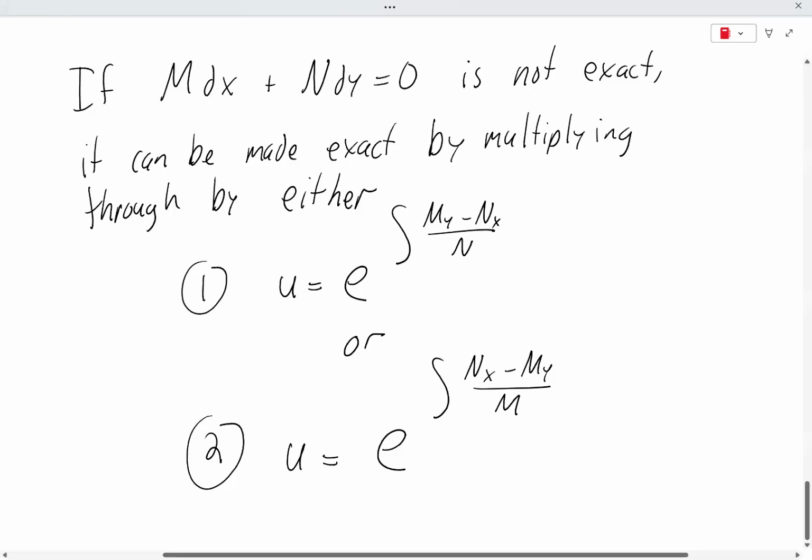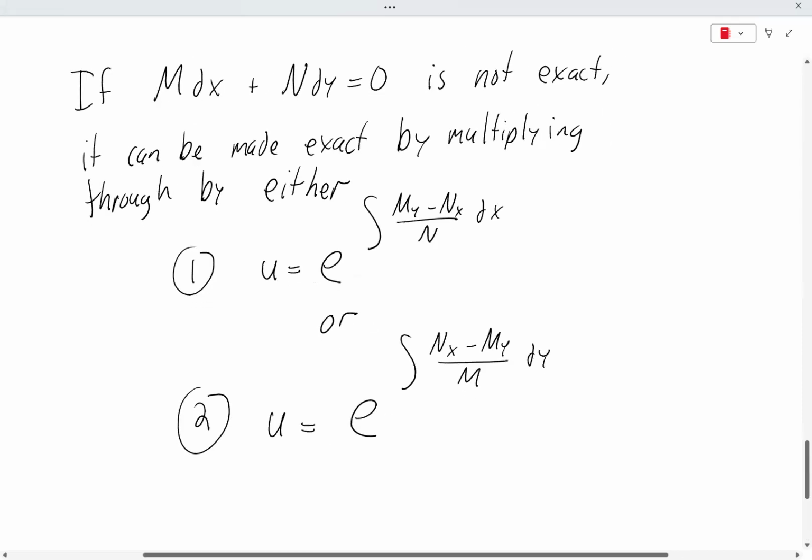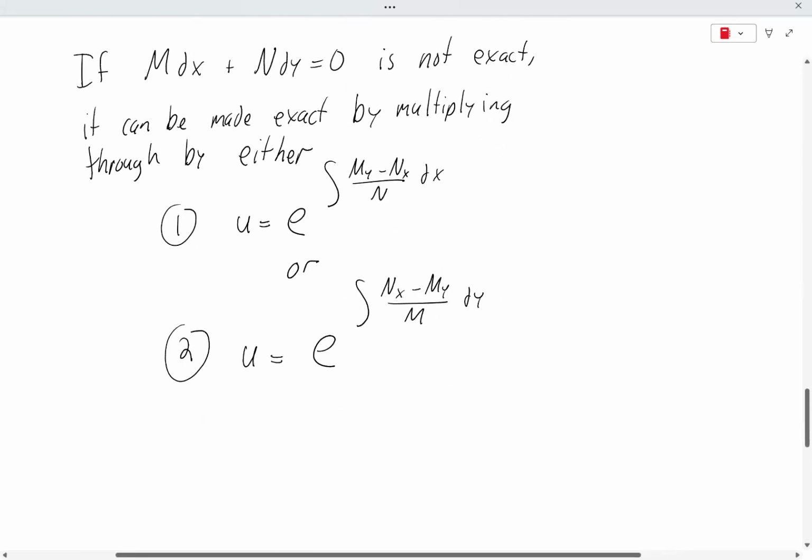Or dx. I think it's dx, and I think this is a dy. I think. Yeah. Okay.